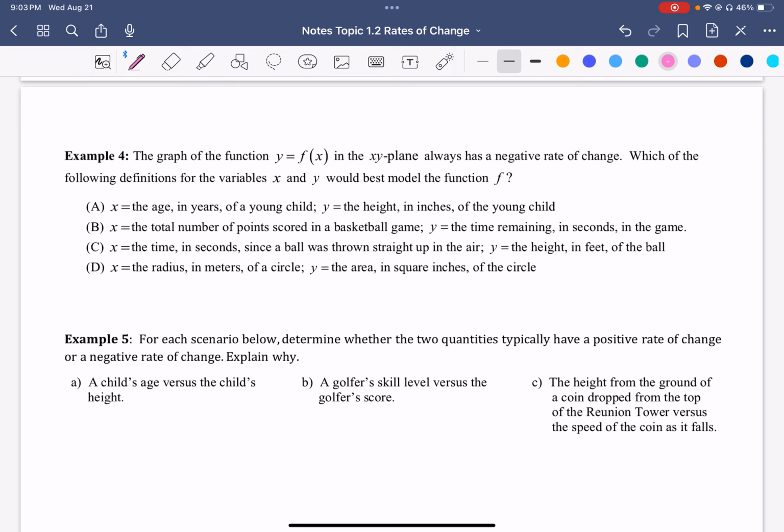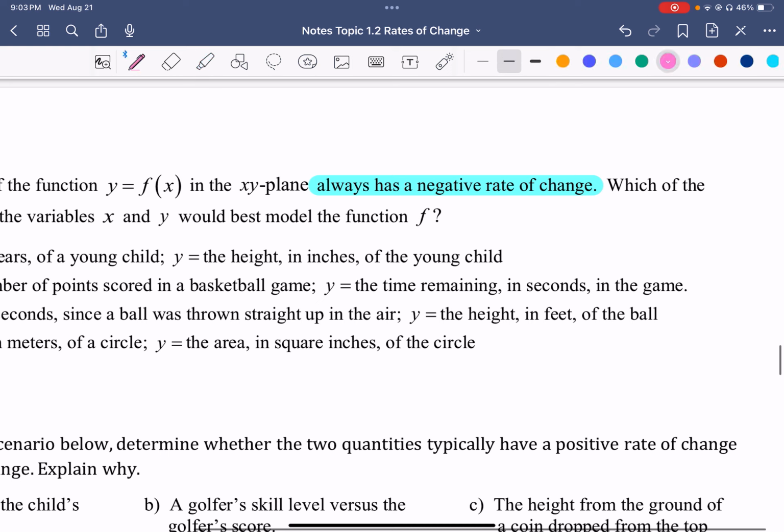Example 4 says the graph of the function y equals f of x in the xy plane always has a negative rate of change. Which of the following definitions for the variables x and y would best model the function f? Now, a key word here is that it says always has a negative rate of change. Okay, a negative rate of change is basically a line that has a negative slope.